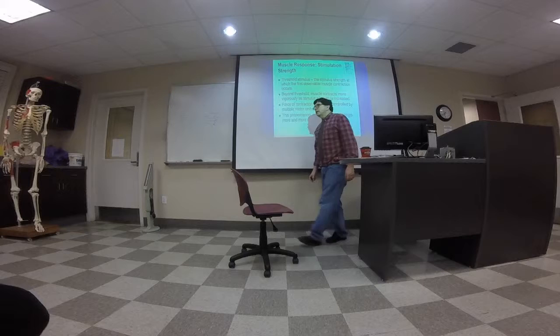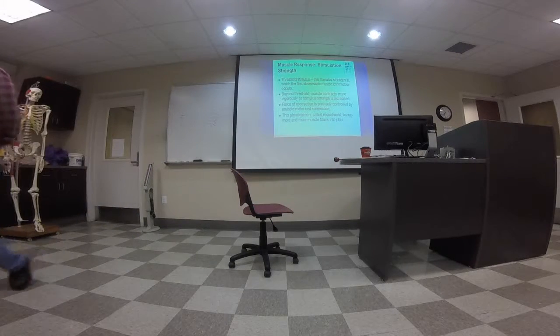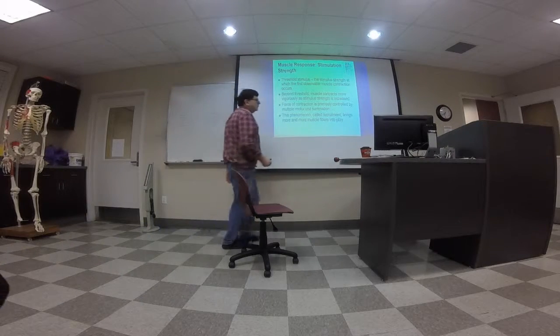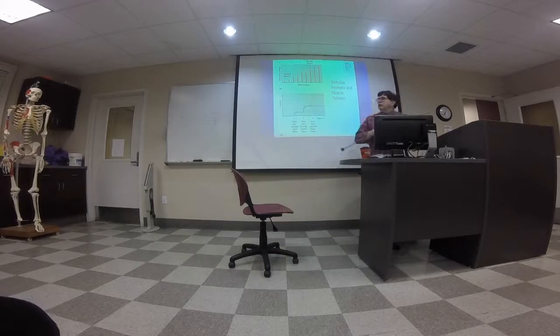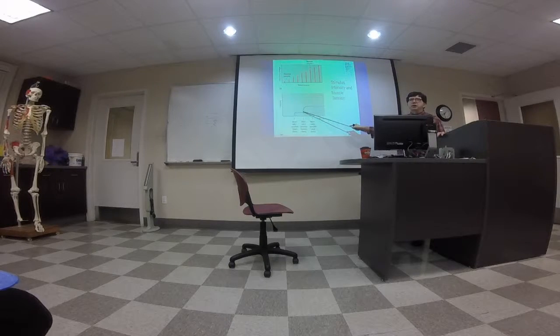Now, the second mechanism by which contractile strength increases is by recruiting more motor units. You know, with recruitment of a single motor unit, only so many fibers are going to contract.